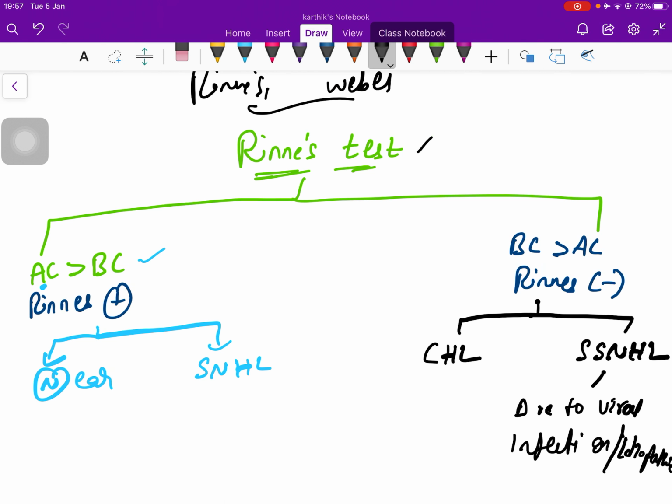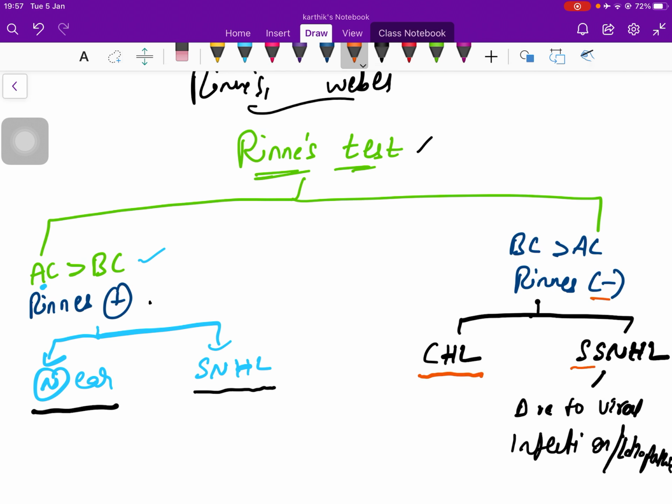Rinne's test can be positive or negative. Positive means it can be a normal ear or the patient has sensorineural hearing loss. If Rinne's is negative, it means bone conduction is greater than air conduction.